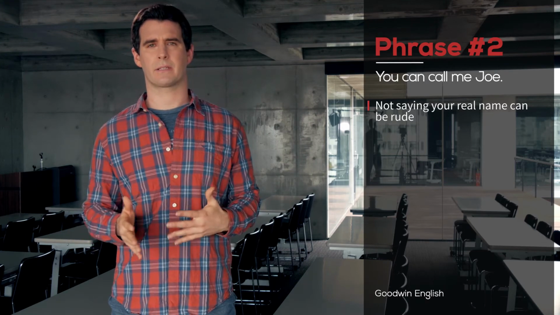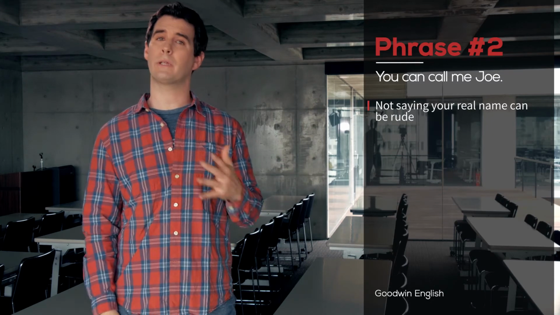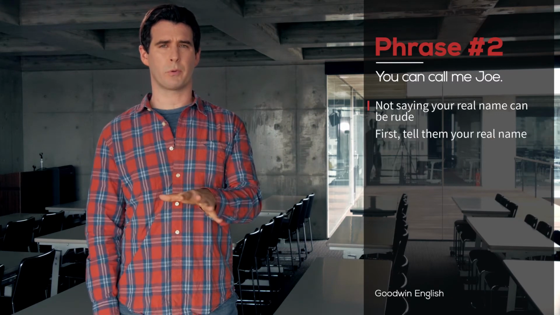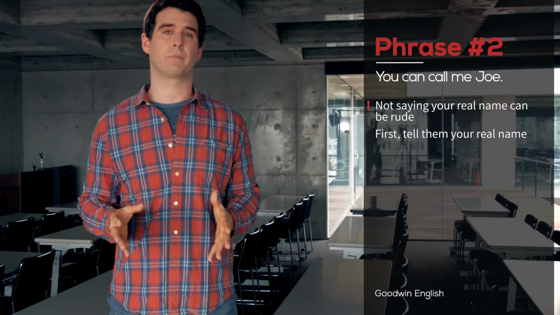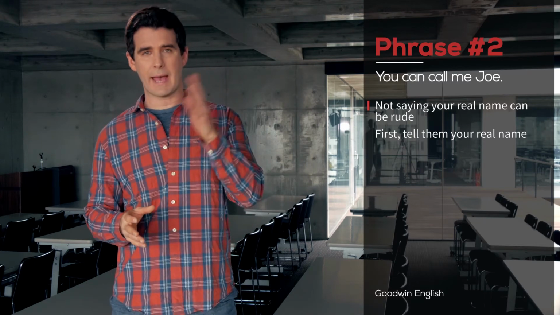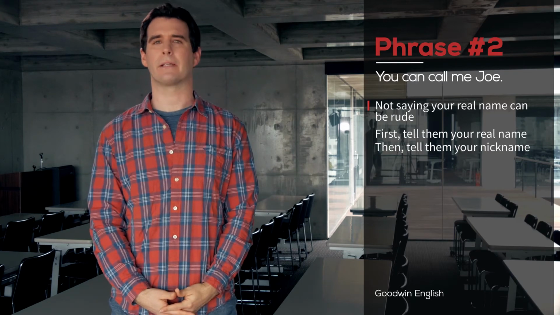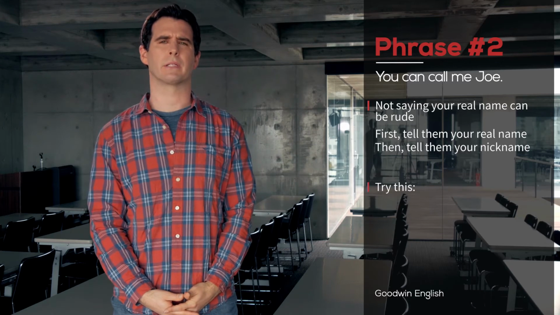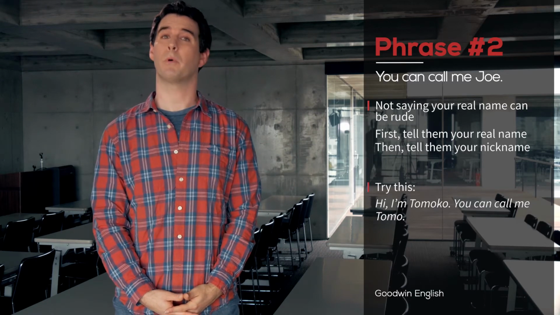Instead of saying this, there are a couple of different phrases that you can use. First, the most important thing is to tell the person your real name. After you tell them your real name, you can tell them your nickname. Try to use something like this. "Hi, I'm Tomoko.